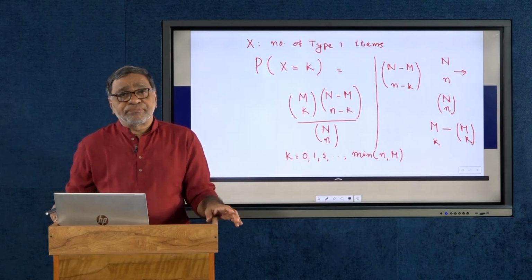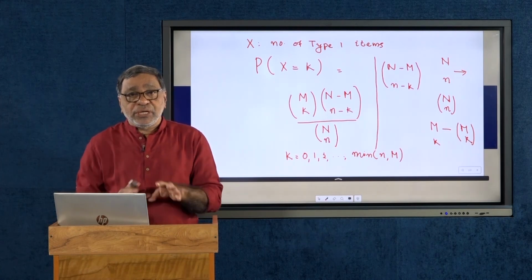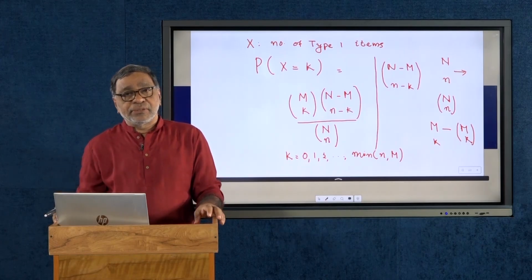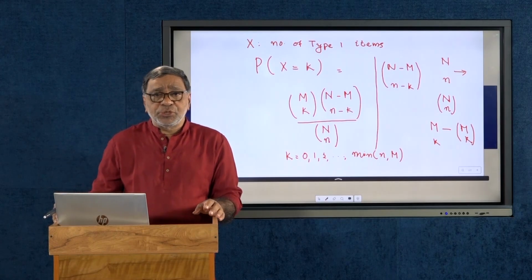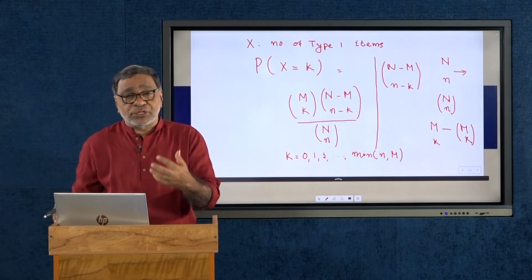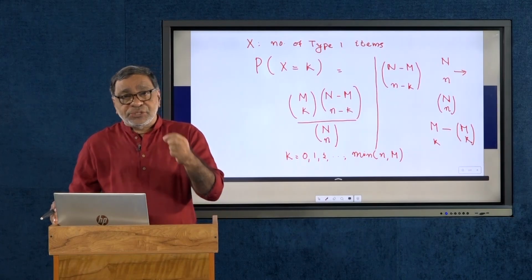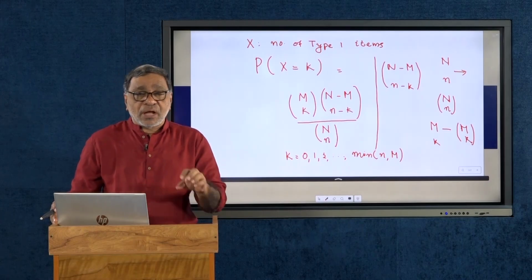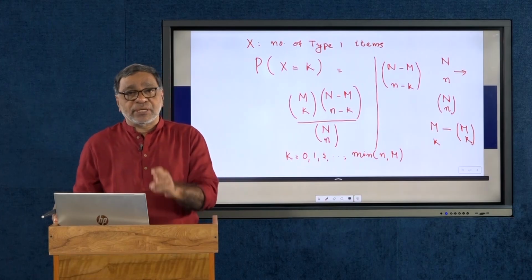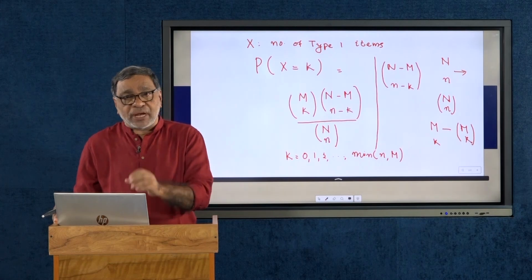Now, this is a situation that arises when we consider a dichotomous population, a population divided into two classes. We know the binomial distribution is a probability model obtained when we consider Bernoulli trials having either success or failure outcomes with a constant probability of success throughout the trials, and you count the number of successes obtained out of n trials.